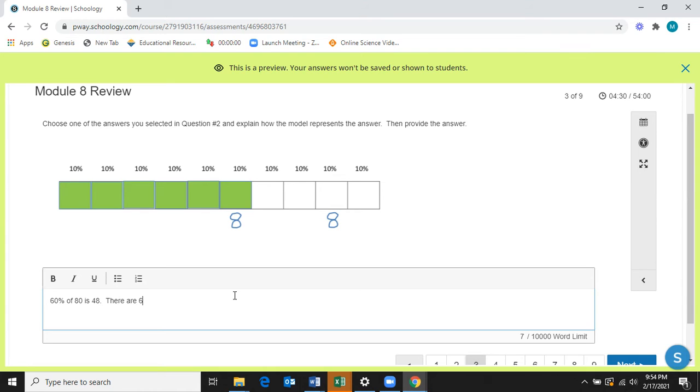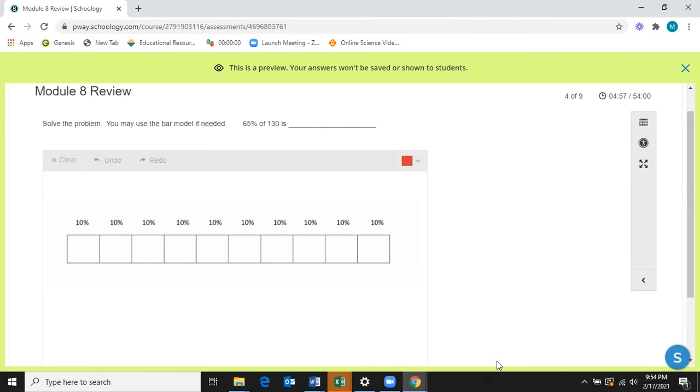There are 6 boxes shaded, which represents 60%. Each box equals 8. So 6 times 8 equals 48. That's how we figured out the value. So 60% of 80 is 48.